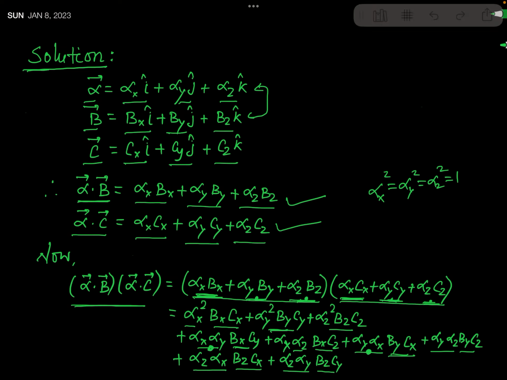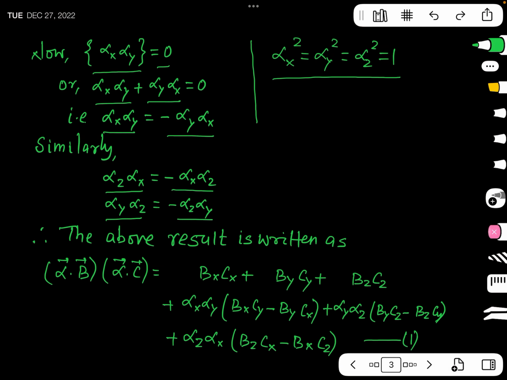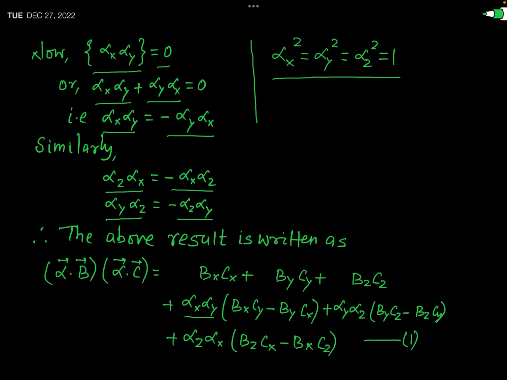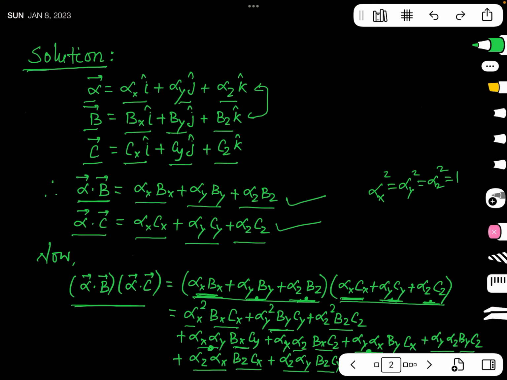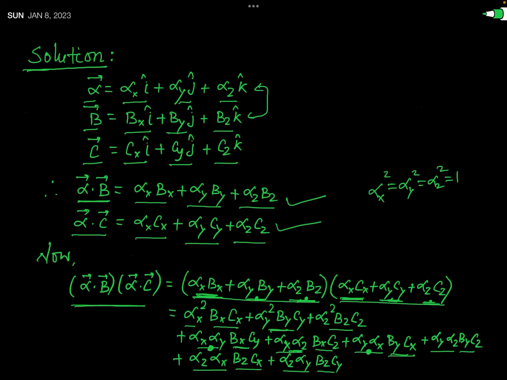This is a very simple calculation. You can easily understand. So you can see I have taken this alpha x alpha y as a common factor, and the remaining terms will then be bx cy minus by cx, applying this property. Okay. Similarly, you can see the remaining terms. Here there is alpha x alpha z, and here there is alpha z alpha x. Okay. I am marking it by this cross symbol.